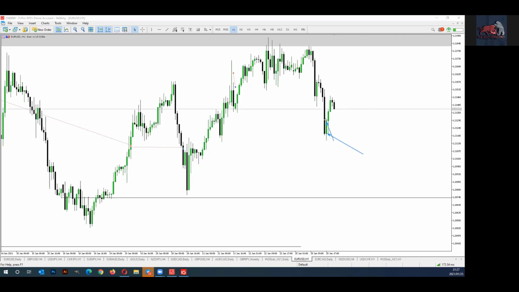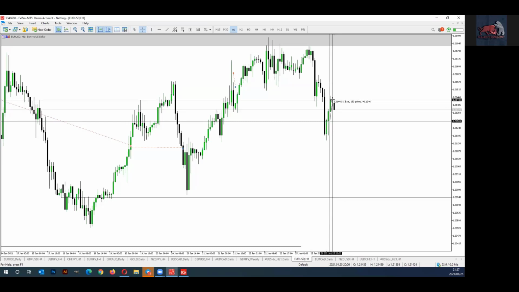Even this move, you'd have missed it, but when the candle closed, this would have been your long position. But now it's basically going against the bias of the market because you're expecting prices to fall on Euro USD and prices to rise on dollar index.